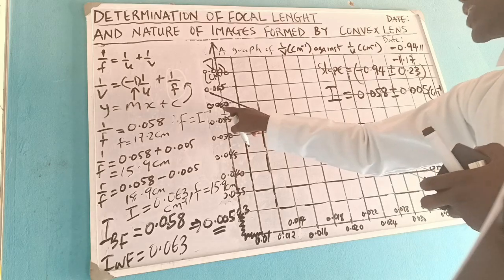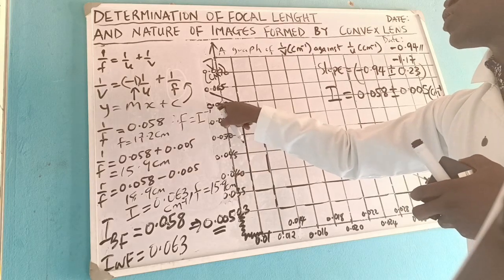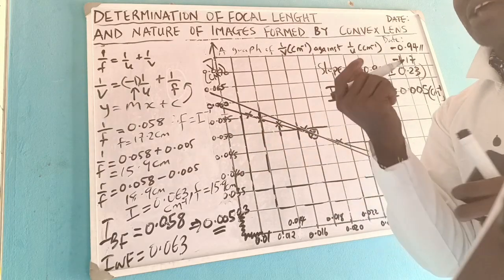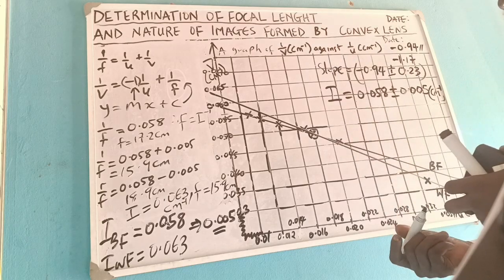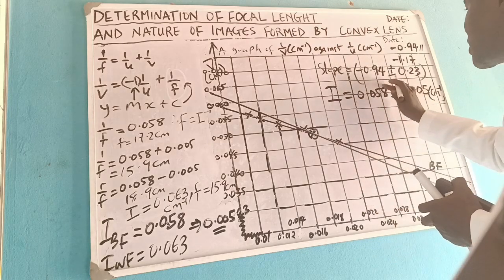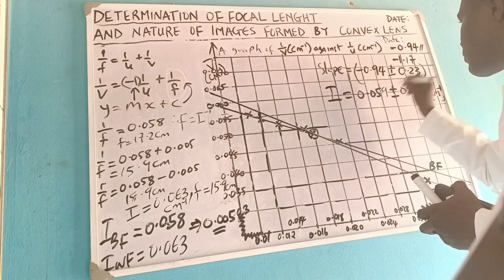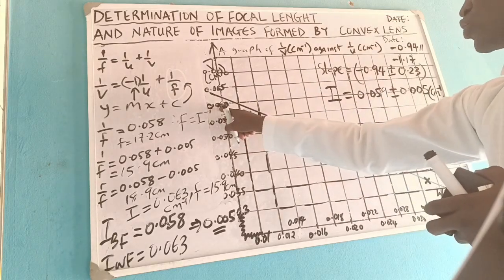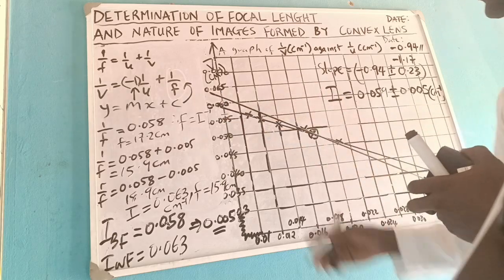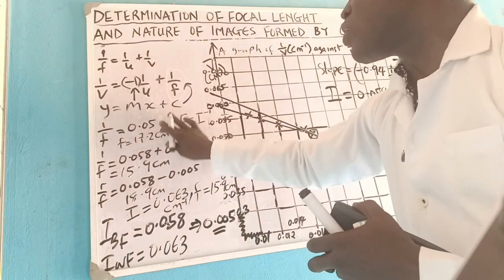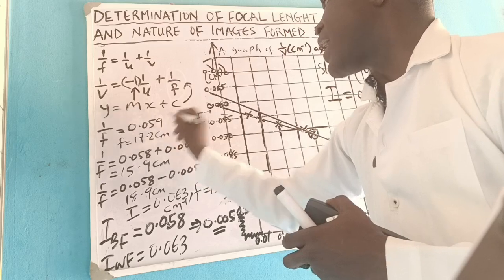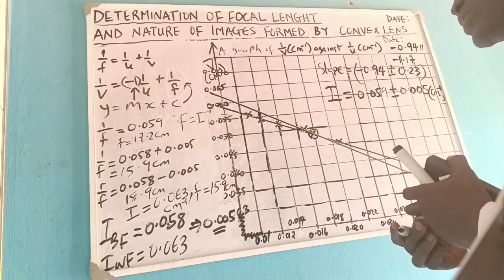Because this is either 0.058 or 0.059, depending on if you are using standard graph sheet. Are you getting it? So if we are putting here as 0.059, because what we have here is close to 0.060, it means that here will be 0.059. Are you getting it?